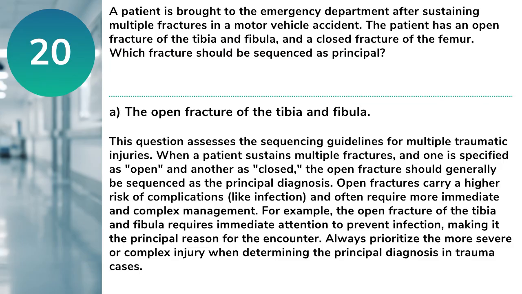Open fractures carry a higher risk of complications, like infection, and often require more immediate and complex management. For example, the open fracture of the tibia and fibula requires immediate attention to prevent infection, making it the principal reason for the encounter. Always prioritize the more severe or complex injury when determining the principal diagnosis in trauma cases.